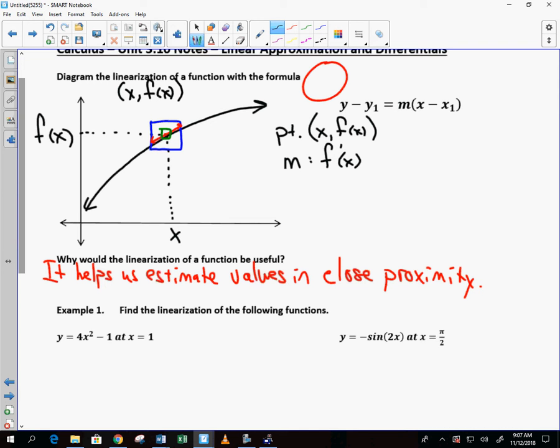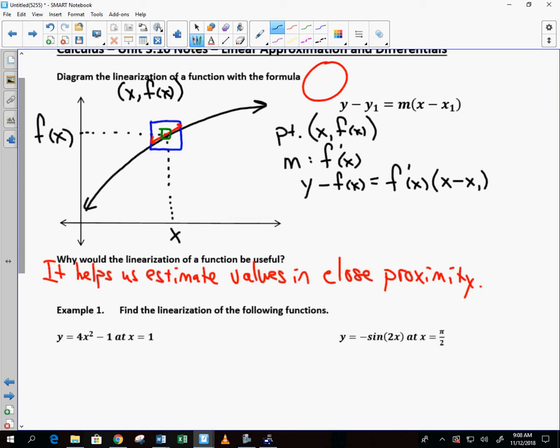So we would have y minus f of x is equal to f prime of x times x minus that x1. And that's really just our equation for linearization.